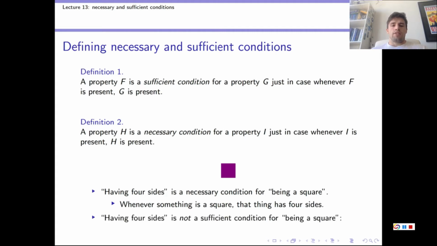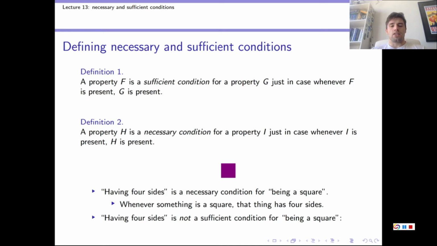However, having four sides is not a sufficient condition for something's being a square. To see why, we check that it violates the definition of sufficient condition, so definition 1 up there. That is, we check that it's not the case that whenever something has four sides, then that thing is a square.